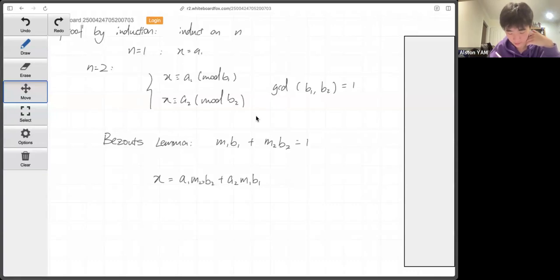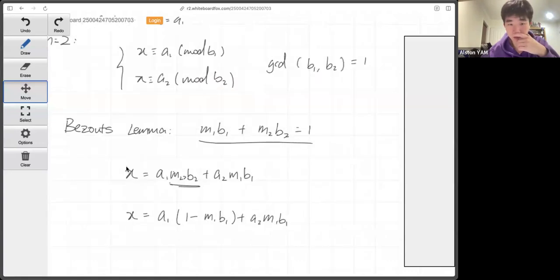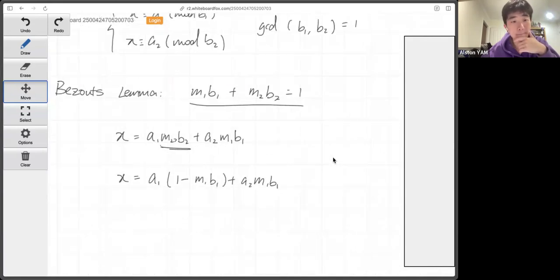So let's have a look, right? What I can do is I can substitute for m2 b2 with this formula. So x is actually equal to a1 times 1 minus m1 b1 plus a2 times m1 b1, right? So I've just substituted the m2 b2 with 1 minus m1 b1.